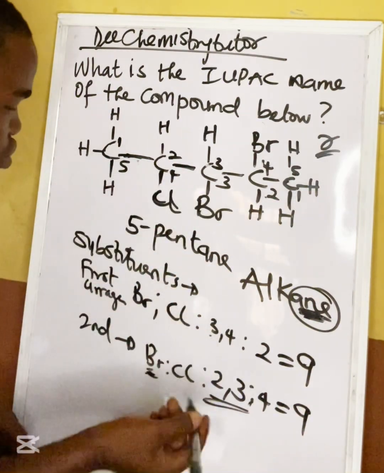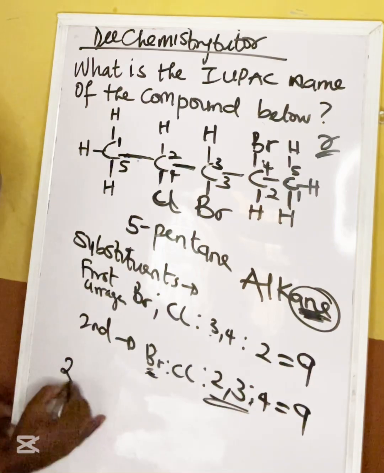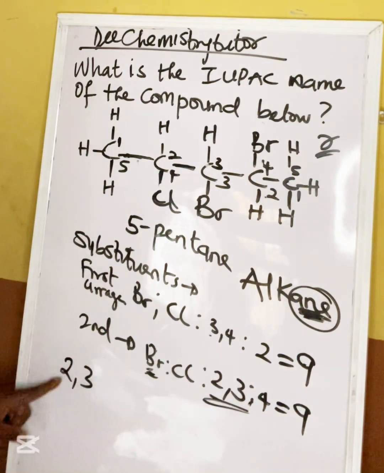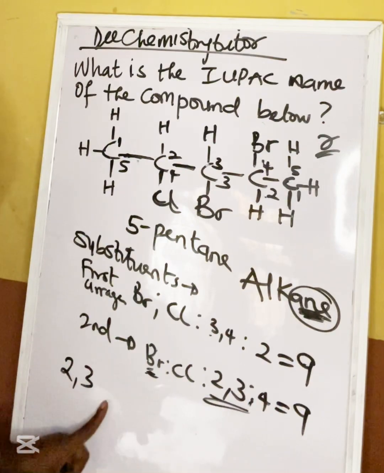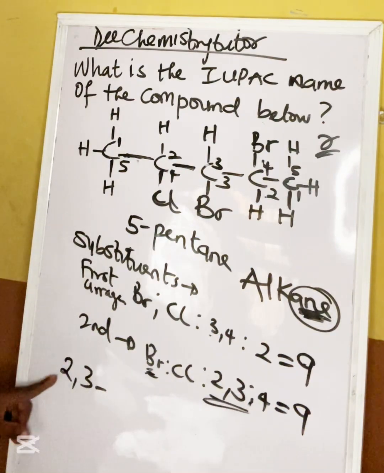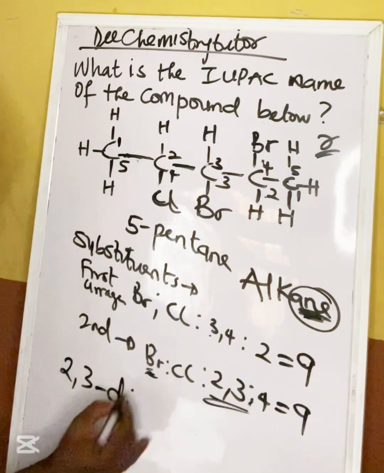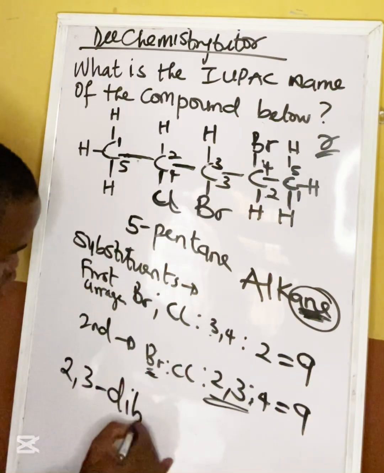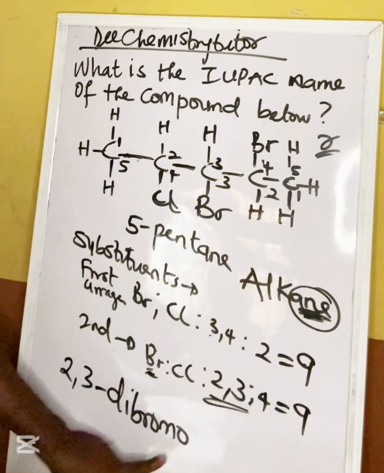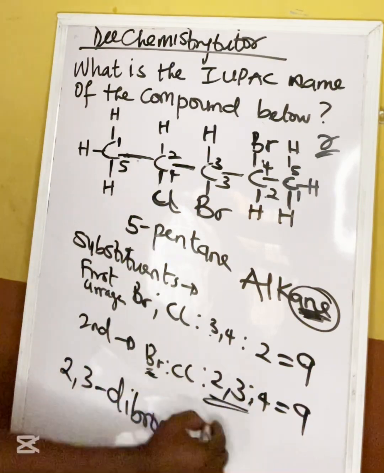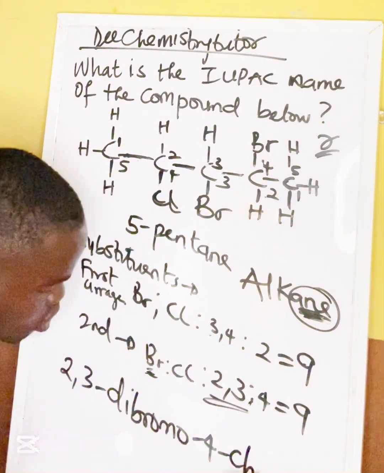So how do I name it? I will say 2, 3. In between numbers, it is a comma, but in between numbers and letters, it is a dash. So 2, 3, di, because bromine appears twice, dibromo. Then this is 4 chloro.